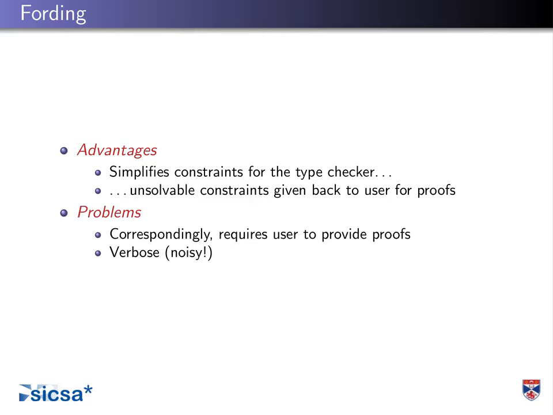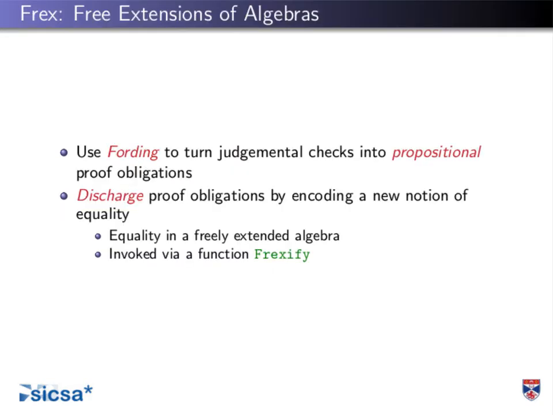But correspondingly the user has to provide proofs, and it's verbose. So the programs that come out are going to be noisy. There are some proof details that, while they're important, are things that maybe the type checker should be able to do. And it gets in the way of what the program you're writing actually is.